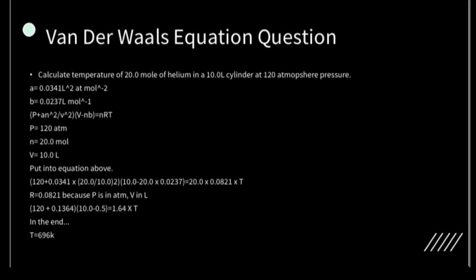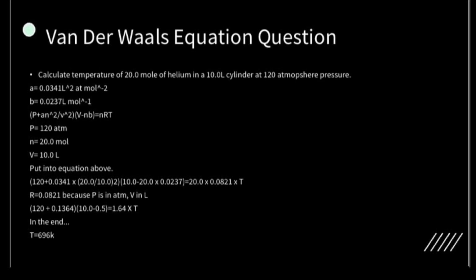So it will become bracket 120 plus 0.0341 times bracket 20.0 divided by 10.0 bracket squared bracket times bracket 10.0 minus 20.0 times 0.0237 bracket equals 20.0 times 0.0821 times T. And R equals 0.0821 because P is in atm and V is in liters.